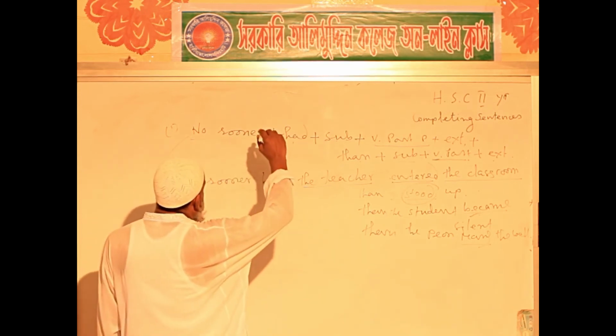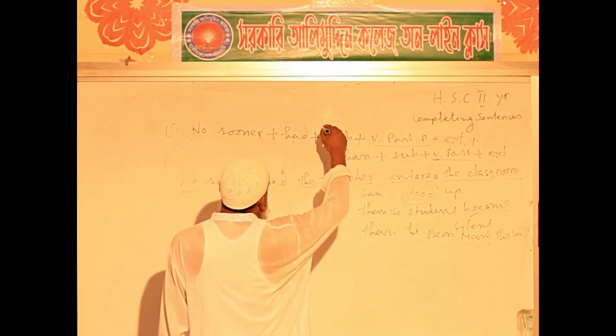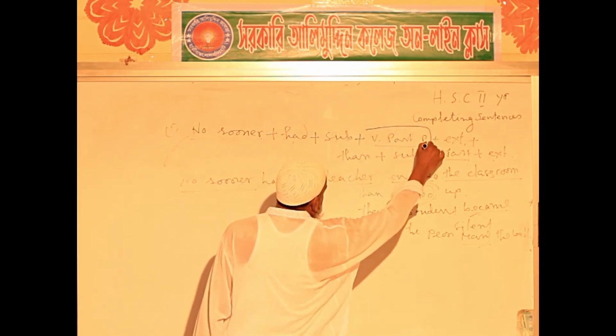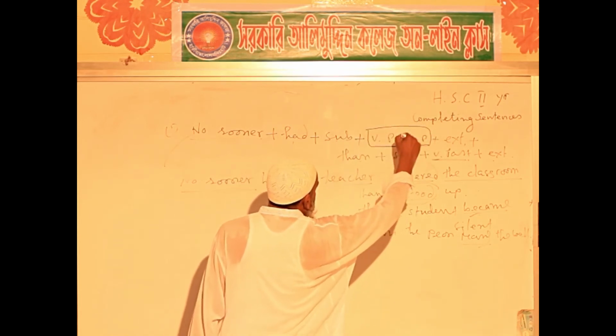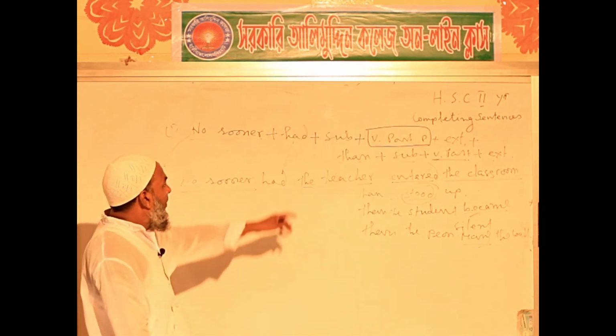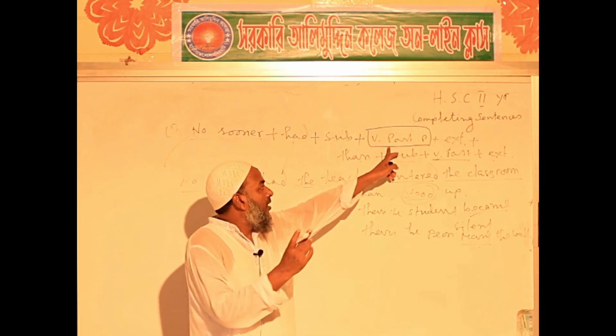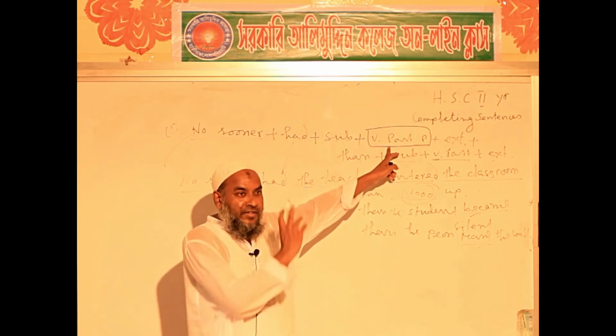Possibly one student has written had, but he has not written the past participle verb. Here he or she has made a mistake. So this is the point where a student should be more careful in writing the verb.